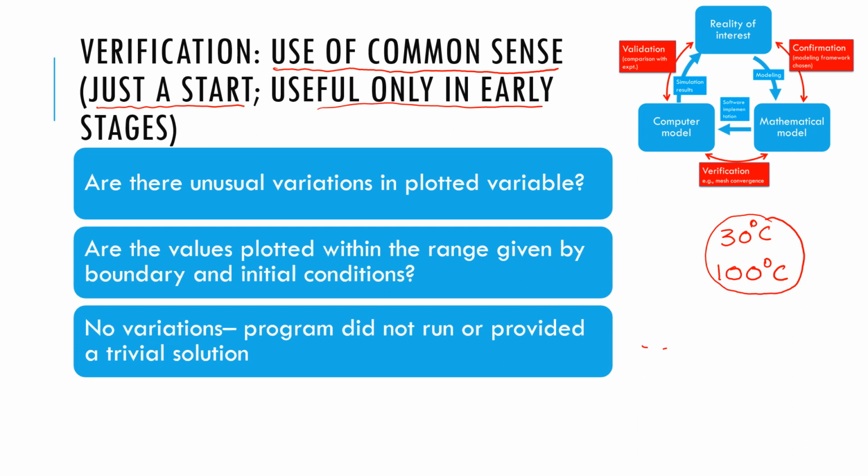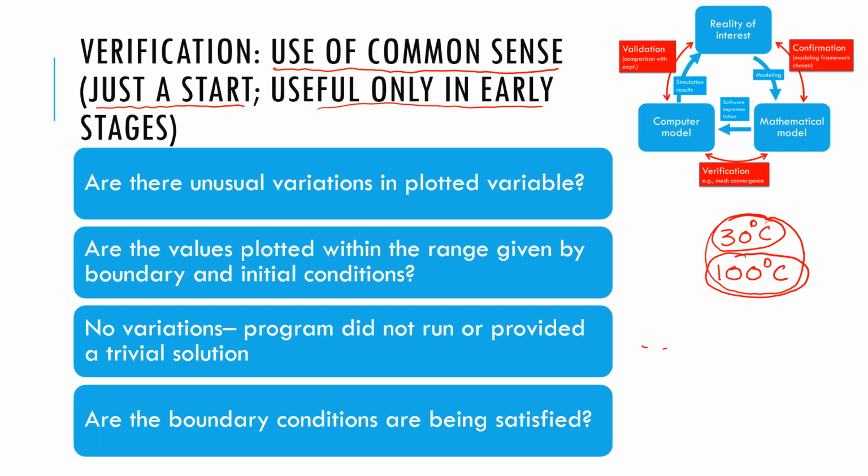So you had your initial temperature and you give boundary temperatures, and there's no variation in temperature. Now that could happen if it's been so long that everything has reached 100 degrees, but typically not. No variation typically means something is not working.